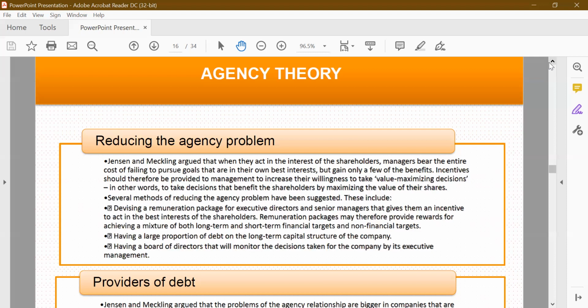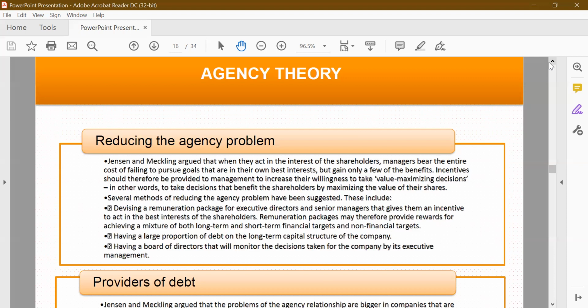In other words, to take decisions that benefit the shareholders by maximizing the value of their shares. Just think about it very carefully. So these managers have to be incentivized in order for their interests to align with that of shareholders.